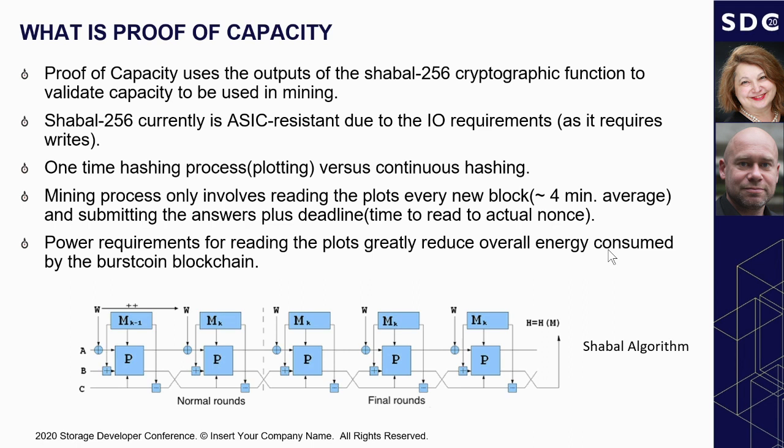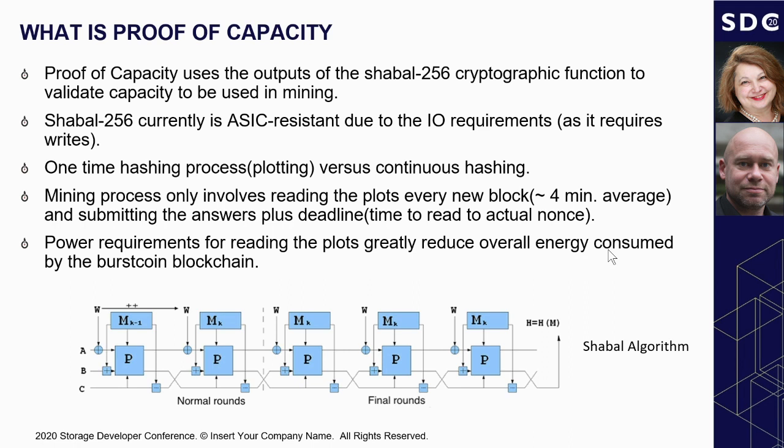There are more right now which I observed being developed, so we probably will see a slew of other consensus protocols, but today proof of capacity is one of the most popular, and it uses a SHA-256 cryptographic function to validate the capacity of the storage device used in mining. One of the benefits of SHA-256 is that it fits the I/O requirements, because basically you are doing I/O memory writes, and it's ASIC resistant.